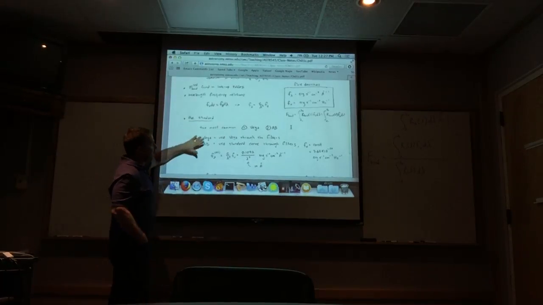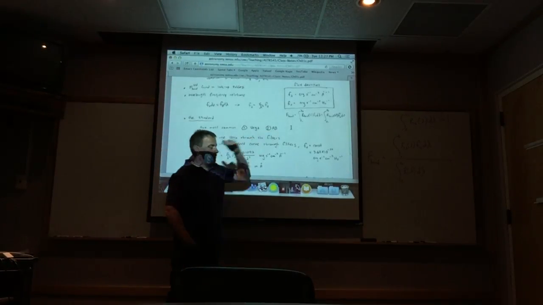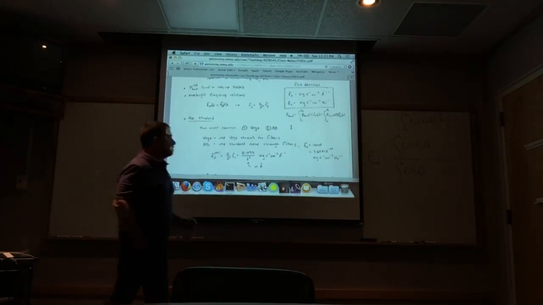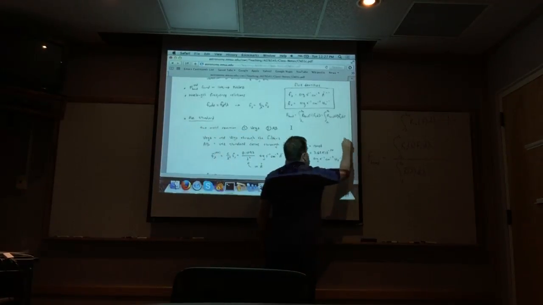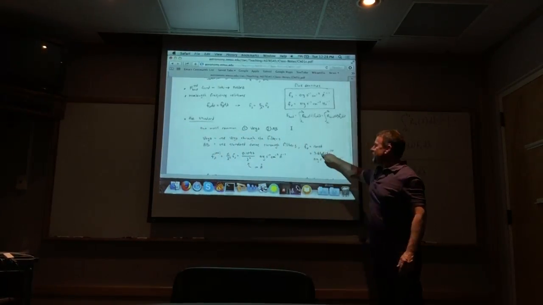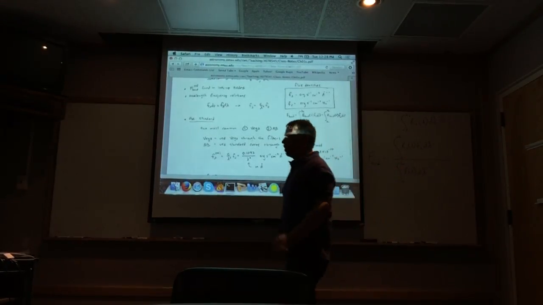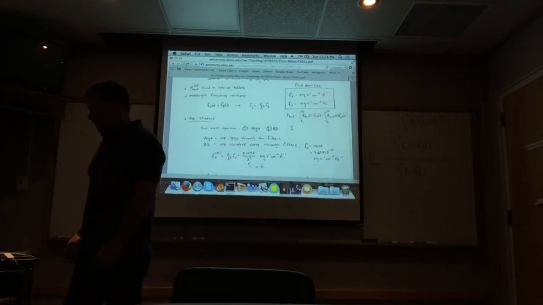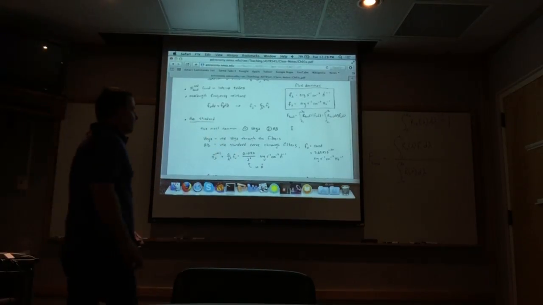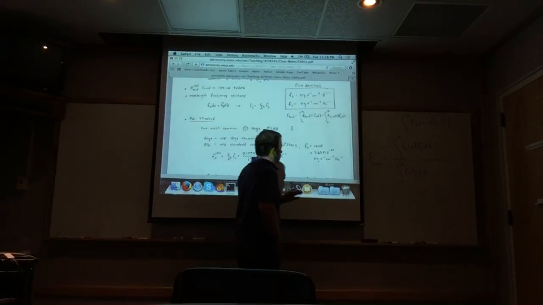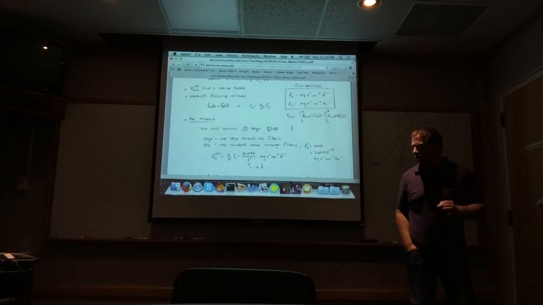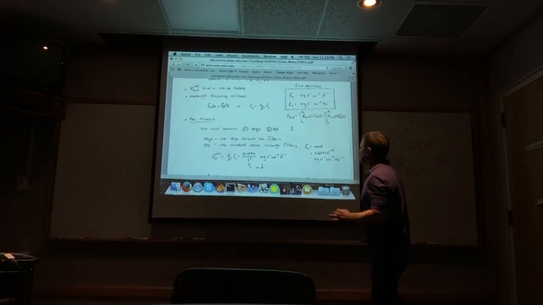Okay, let's look at AB first. There should be a box around this, and I apologize there's not. This is the definition of the AB spectral energy distribution or flux density. F nu equals 3.63 times 10 to the minus 20 ergs per second per centimeter squared per hertz.